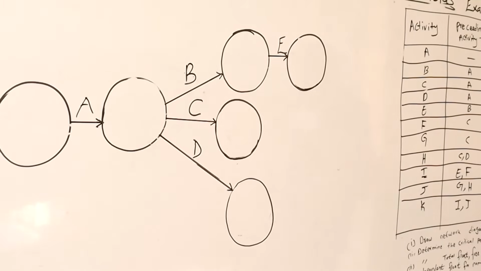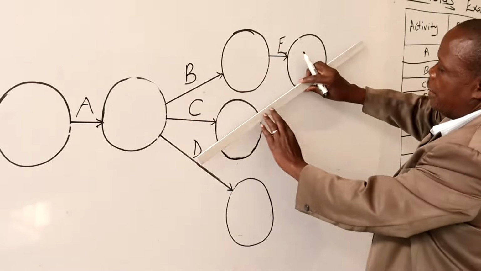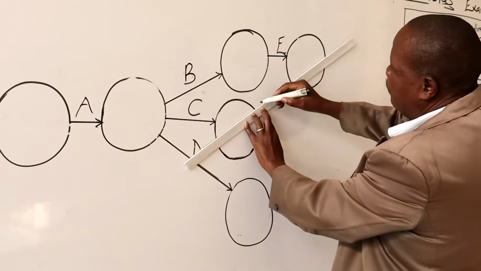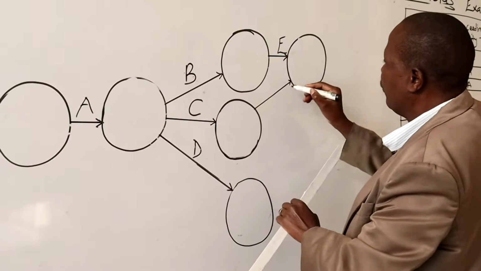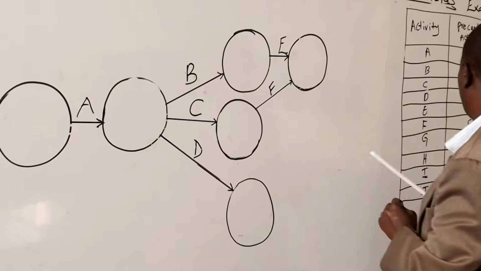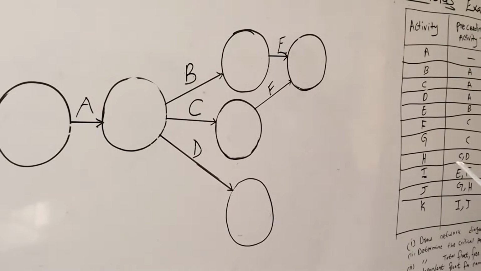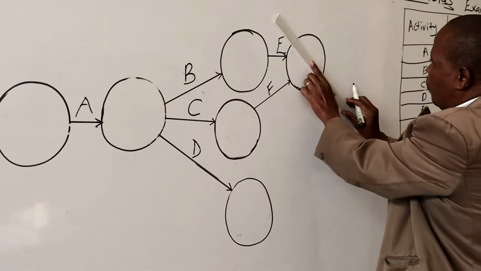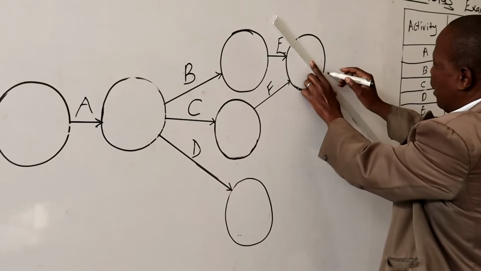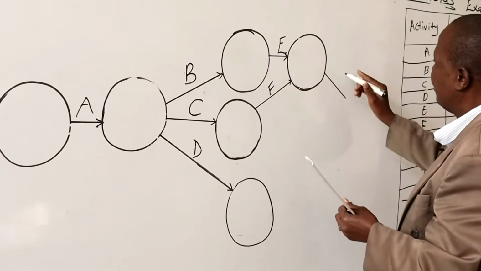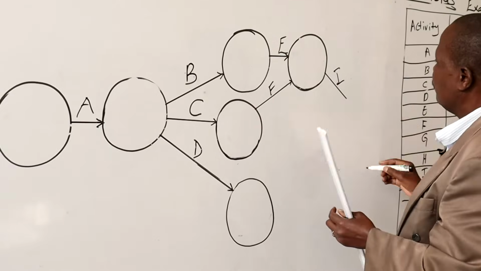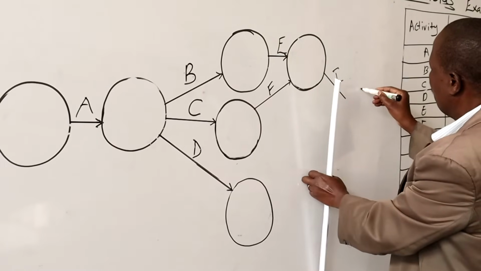So C gives rise to F, which goes all the way to meet with E. So that is C giving rise to F. So that is F, and E and F converge, both of them converge to give rise to I. This is I here. We draw its node.